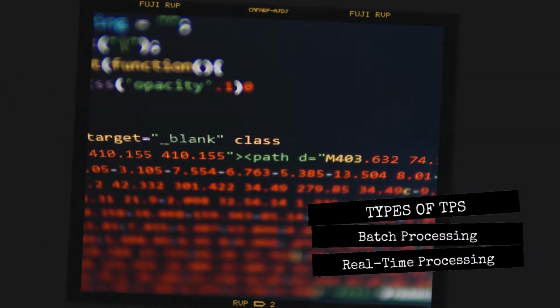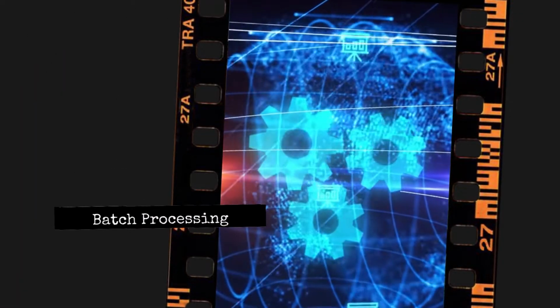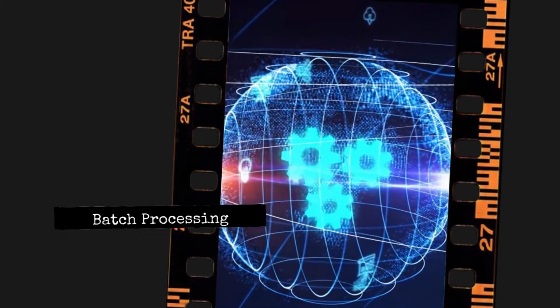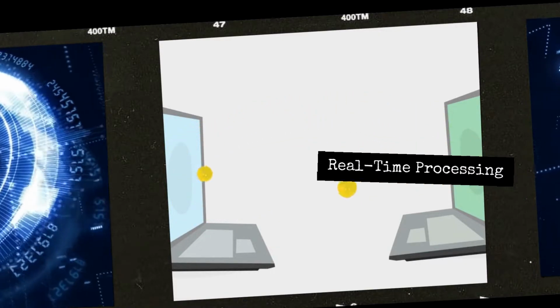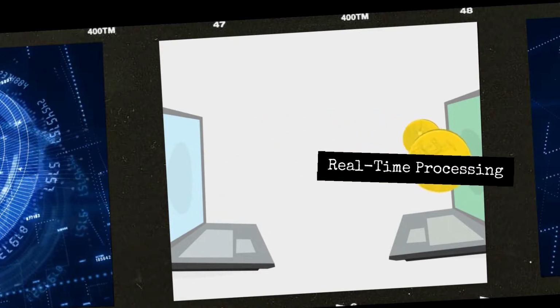There are two types of transaction processing system. The first is batch processing, which involves processing multiple transactions at once with a time delay. The second, real-time processing, deals with a single transaction at a time with no time delay.